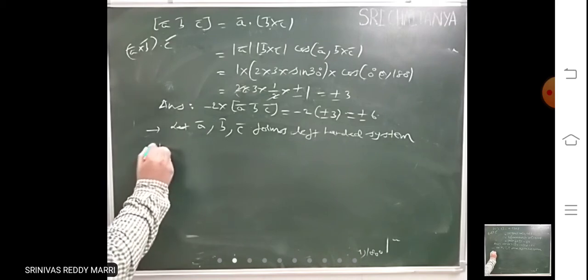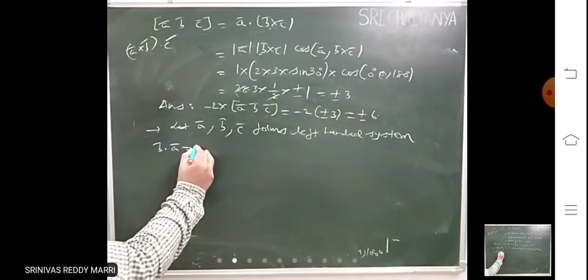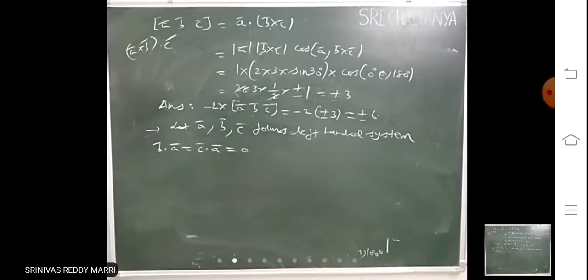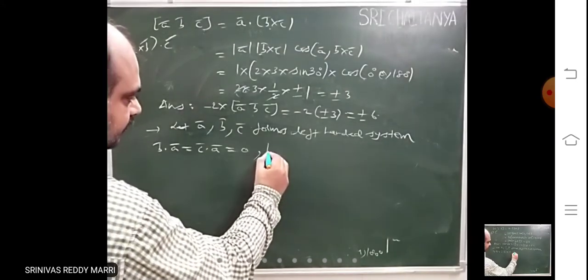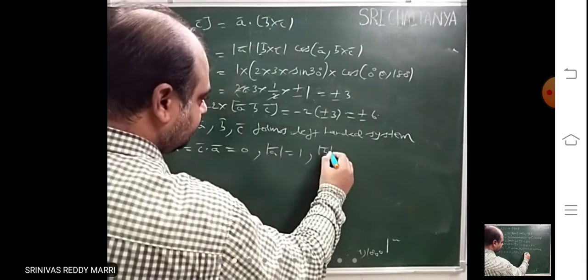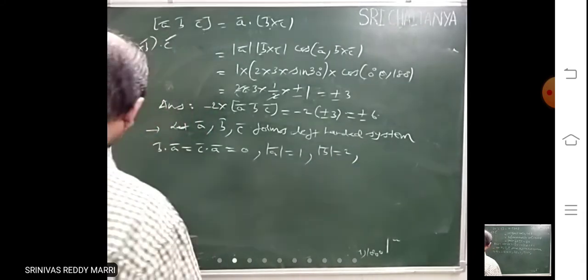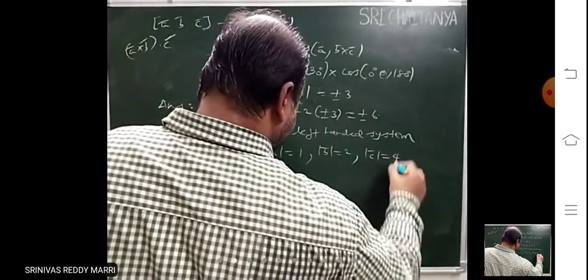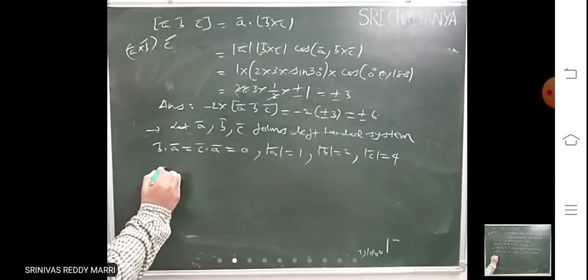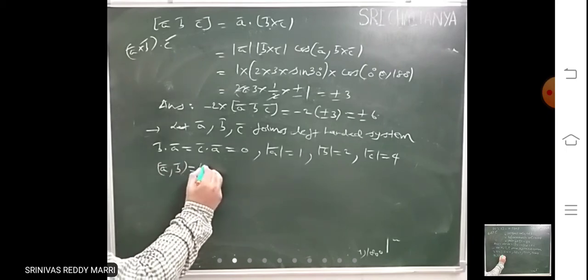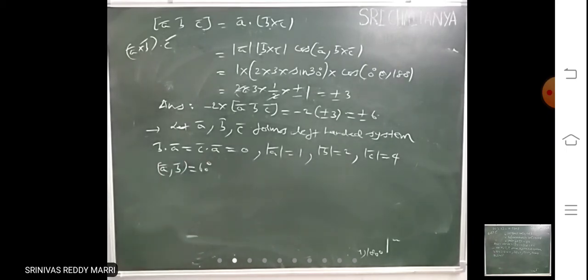Given that b bar dot a bar equal to c bar dot a bar equal to 0, modulus a bar equal to 1, modulus b bar equal to 2, modulus c bar equal to 4. Angle between a bar and b bar is 60 degrees.